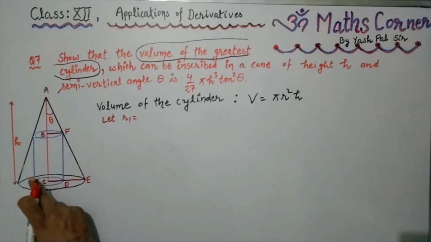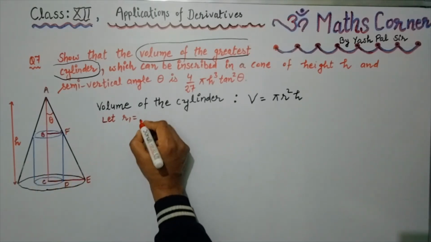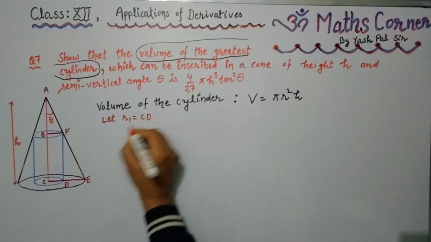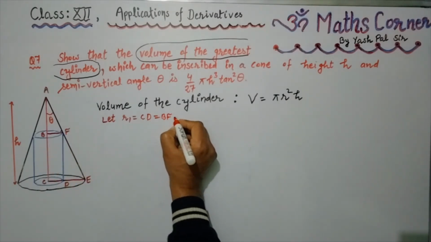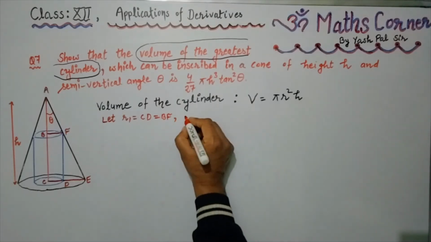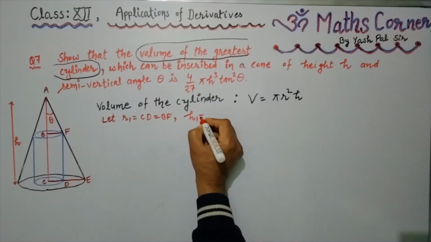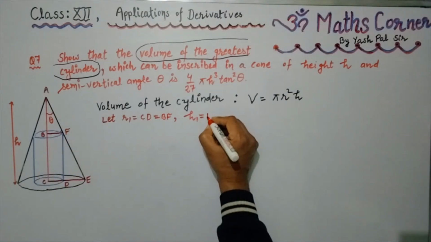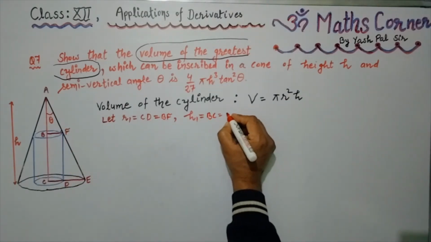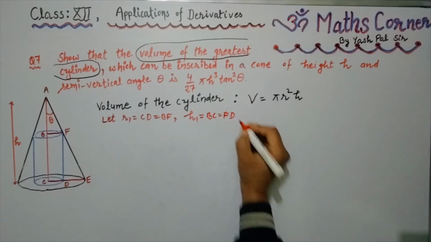Let r1 be the radius of the base of the cylinder, that is CD, which is also equal to BF, and we take h1 as the height of the cylinder, that is BC, or to say FD.